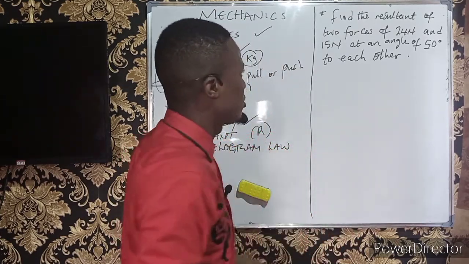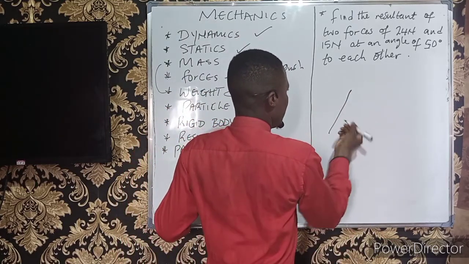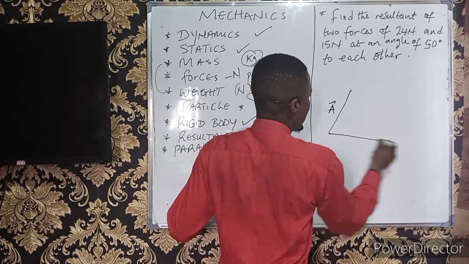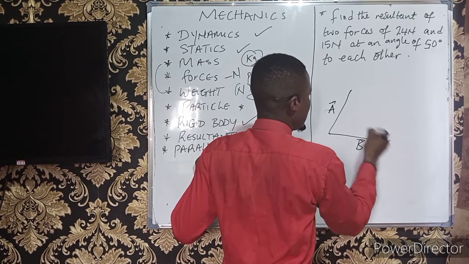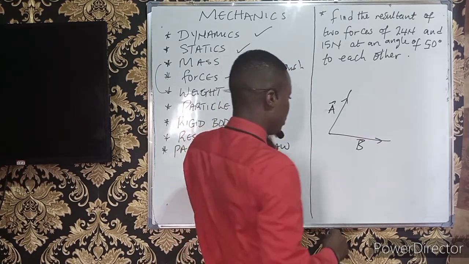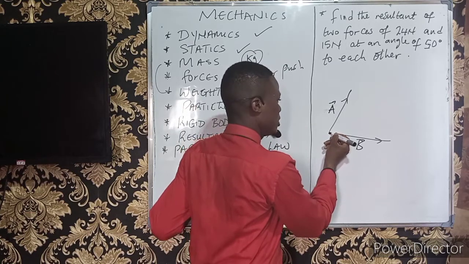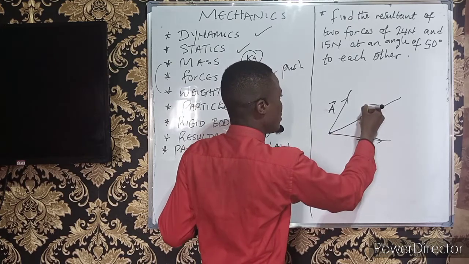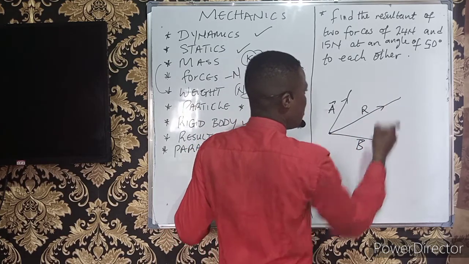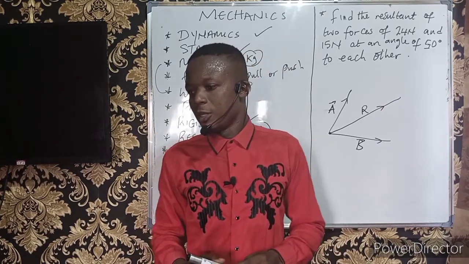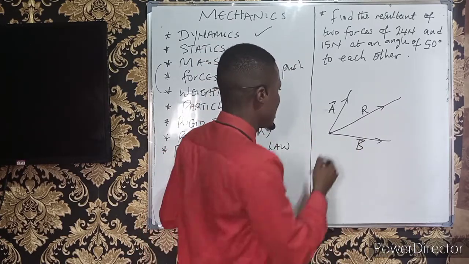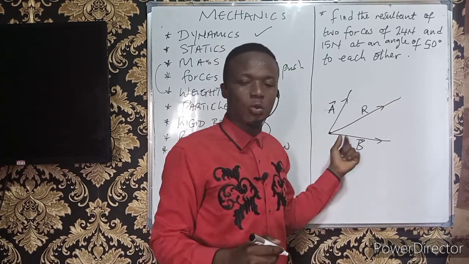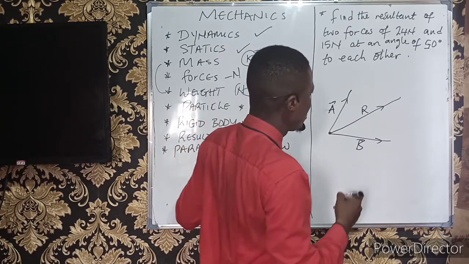For the parallelogram law, suppose I have vector A and vector B. The vector drawn from the point of intersection of these two vectors represents the resultant vector in magnitude and direction. This is what the parallelogram law of vector addition is all about.